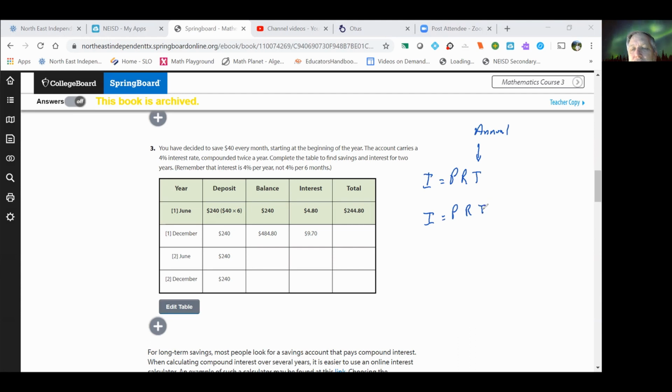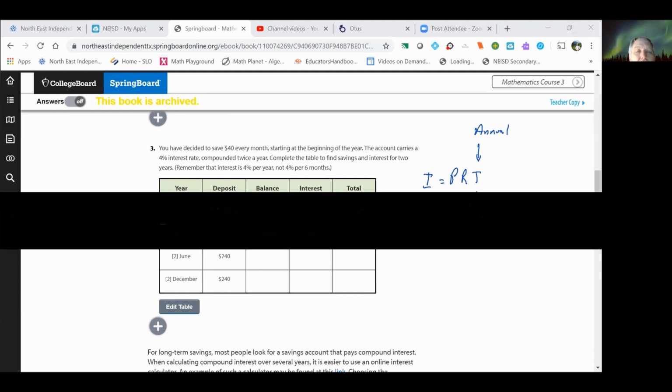In this case, if our time is part of a year, we're actually dividing it by 2 because we're doing 6 months, or half a year, every time. And then that's what we have. So then we have another $240 that's added during the second 6 months. And we're going to add that to the $244.80.